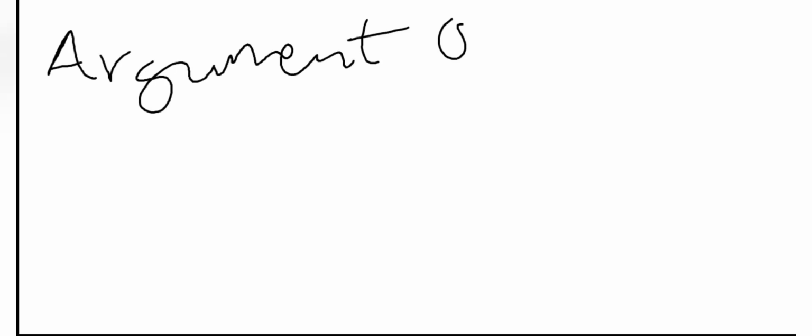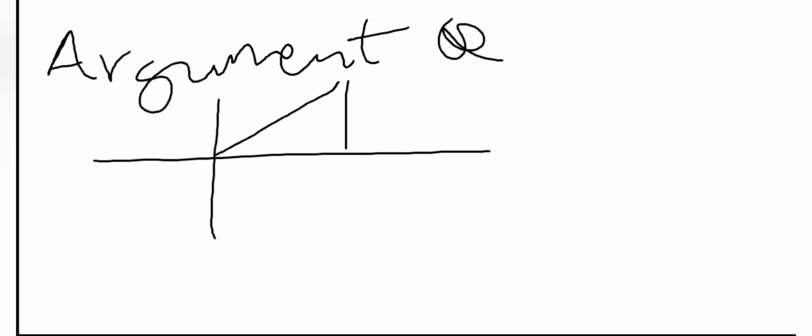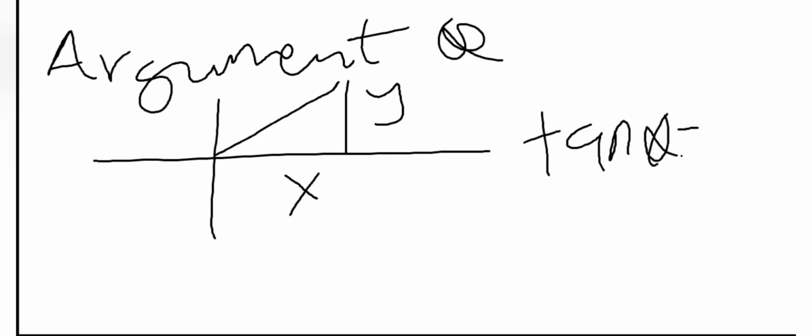We've also been taught to find the argument in this case, which is an angle. So when finding the angle, we drew a sketch which comes out like this. We have x and we have y. To find the angle, we can use tan theta equals y over x.